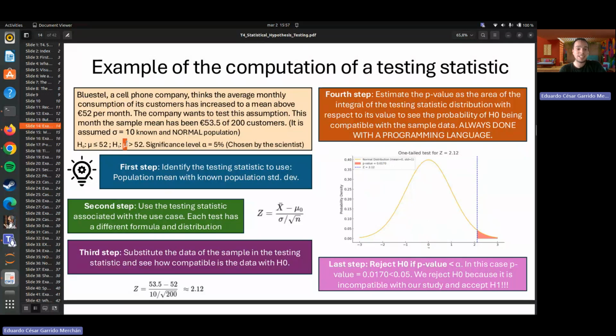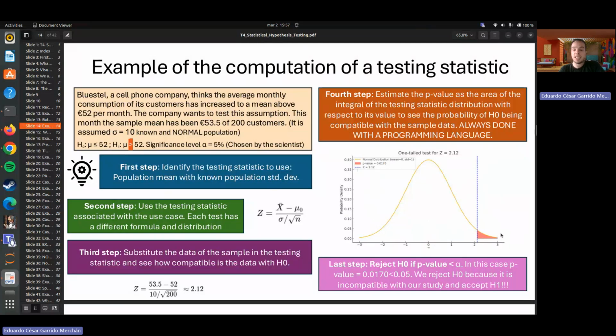So this is the sign of the alternative hypothesis. And why is this the most critical thing in statistical hypothesis testing? Well, because the area of the integral, this area here that you can see in red, is the p-value, and this threshold is going to be put at the right if this is higher than, it's going to be here at the left if this is lower than, and it's going to be present on both sides of the distribution if it is not equal.